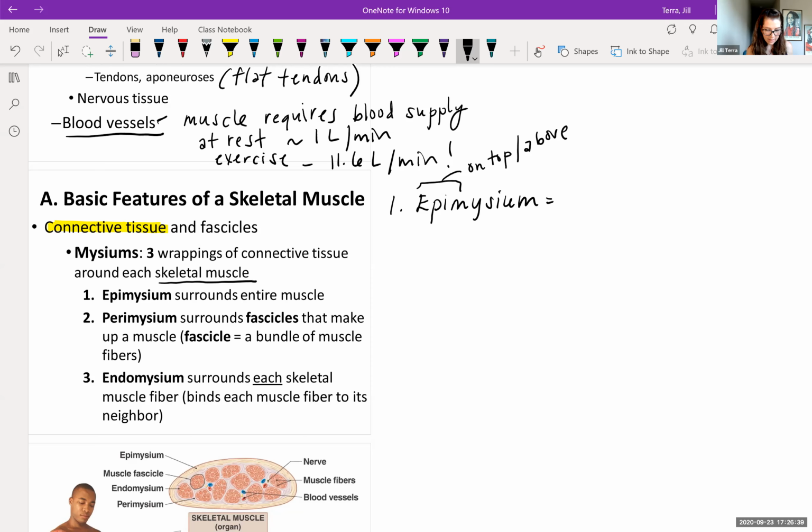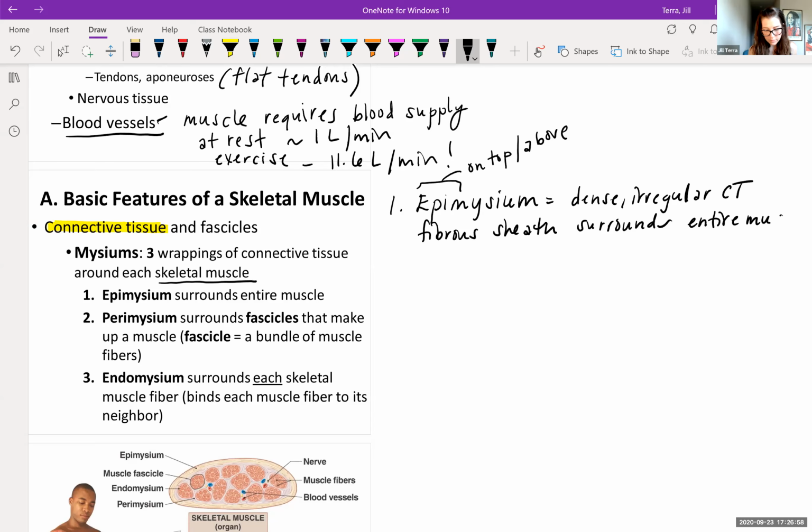And so that tells us it's this dense, irregular CT, very fibrous sheath of connective tissue that surrounds an entire muscle. Okay, so it's wrapping on the very outside of a muscle, okay?